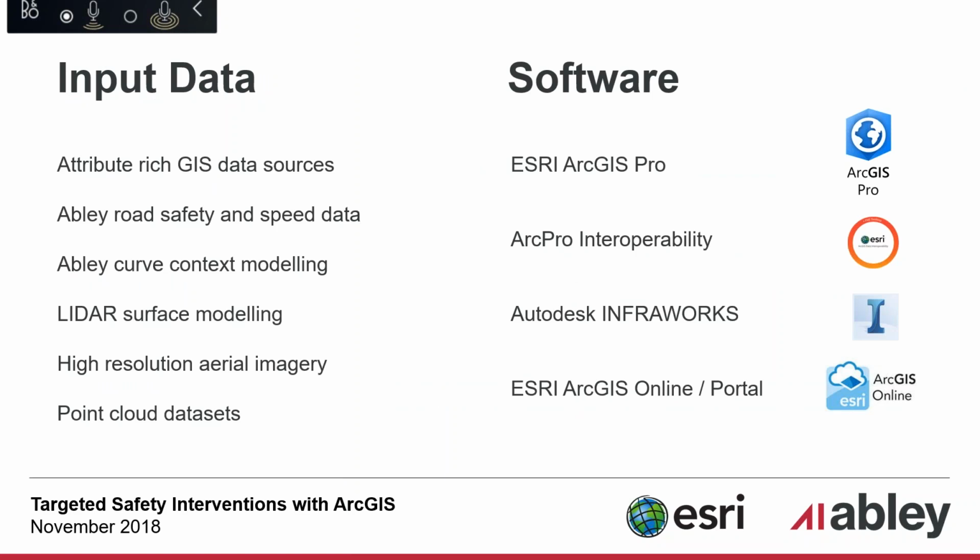So in terms of input data and software, the key data sets that we require here are an accurate centerline that's rich with attributes. We're able to add in some of our previous analyses, ABLI road safety metrics, curve context modelling. The key input here really is LiDAR surface modelling, and what we'll present to you today is around how we're able to use LiDAR data to generate this analysis.